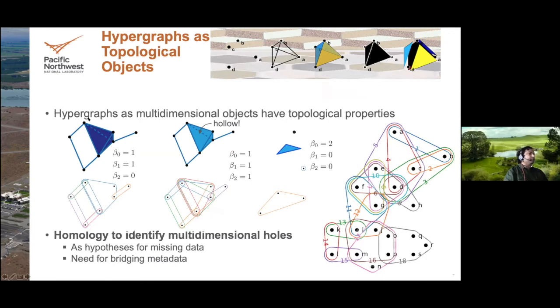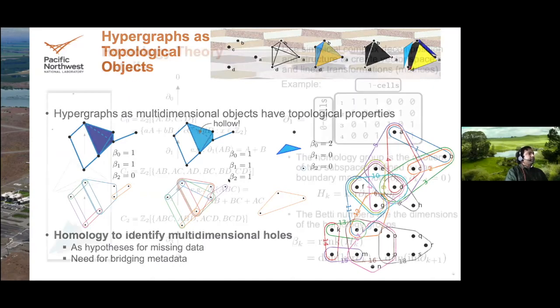So in this talk we are going to find these beta values. Beta 0, beta 1, beta 2 basically mean the number of zero-dimensional holes, one-dimensional holes, and two-dimensional holes in this structure, and so on and so forth.